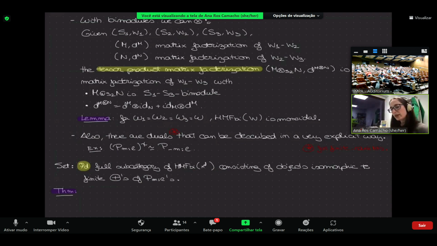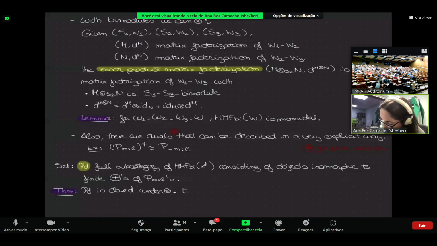Actually, this is a very nice category, and one can state the following about it. So PD is actually closed under tensor product.